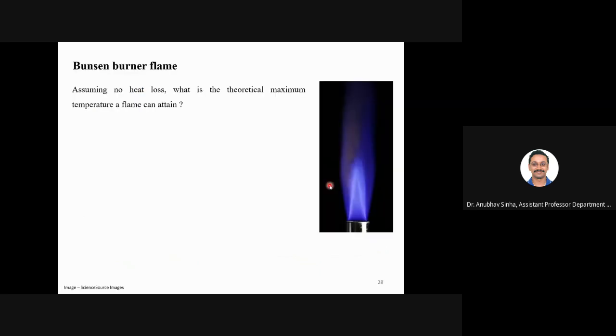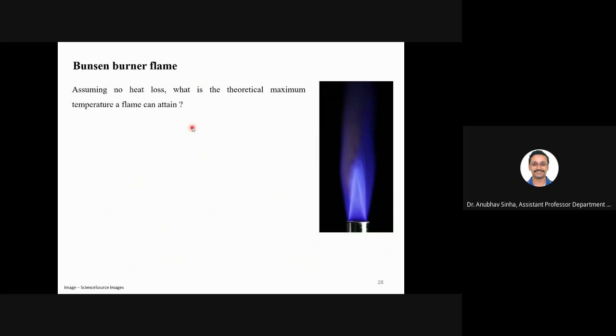Okay. Let us talk about the Bunsen burner. Let us say I assume that there is no heat loss, it is adiabatic. Theoretically, you can assume it is at adiabatic conditions. So what is the maximum temperature this flame can attain? Let us say I'm burning methane.